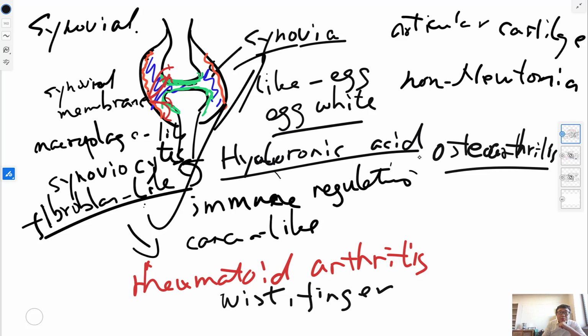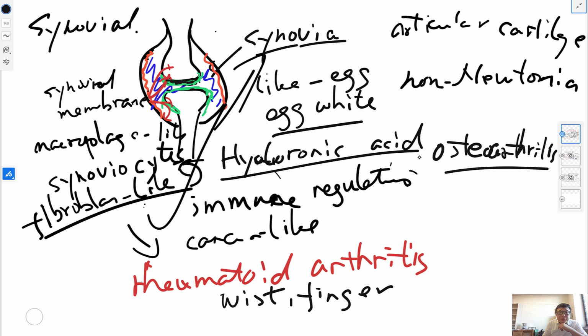Yeah, osteoarthritis is not something really trying to attack anything. Rather, the cartilage here becomes degenerated, and the cartilage becomes thinner and thinner.